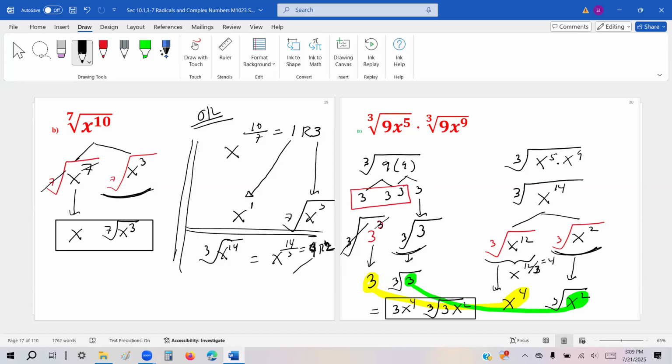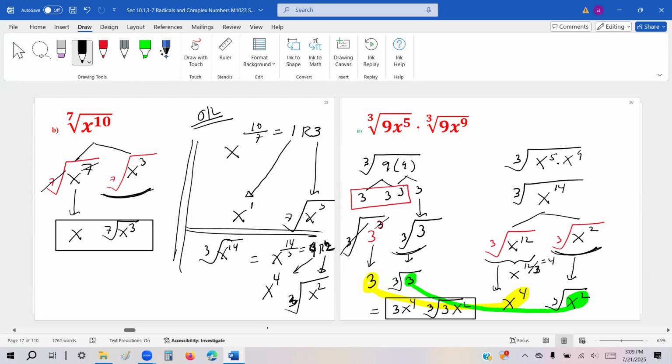Now this 4 goes outside of the radical as a power on x. Is that always the case? Always. The whole number will become the power on the outside of the radical. And this 2 becomes the power on the x inside the radical.